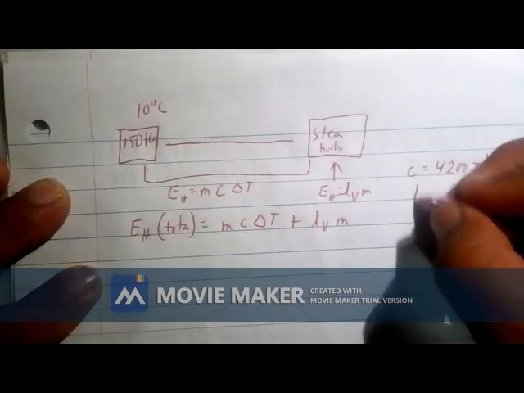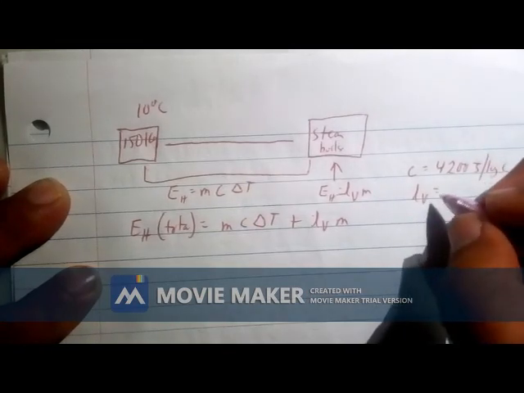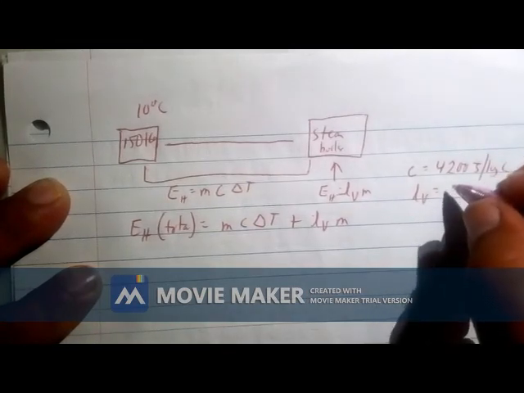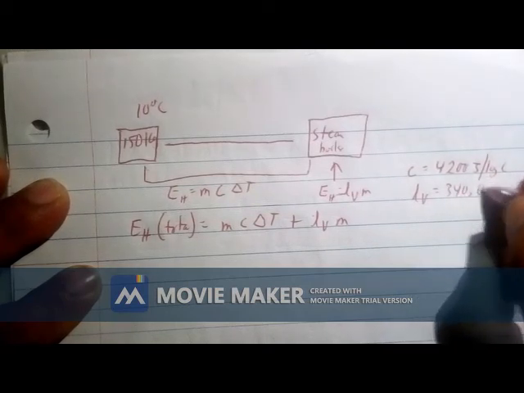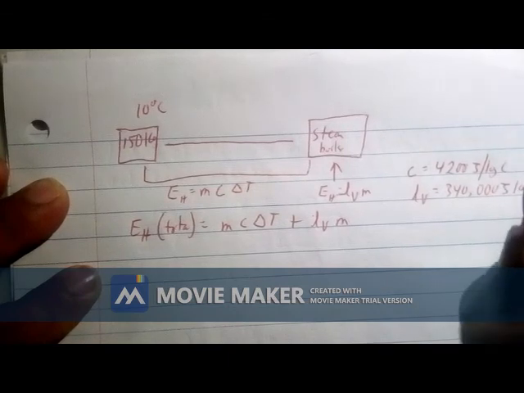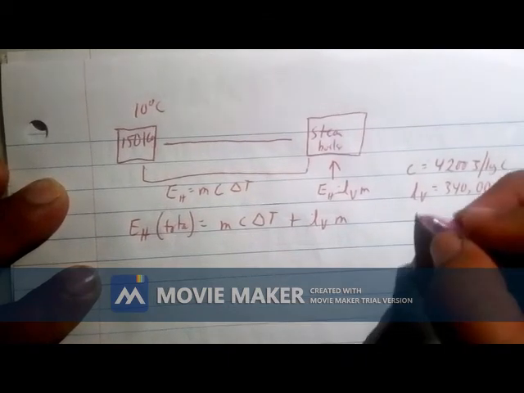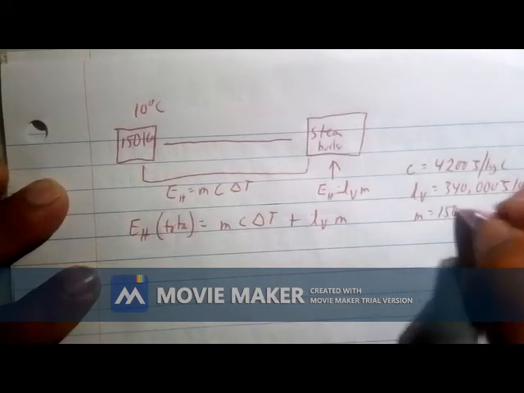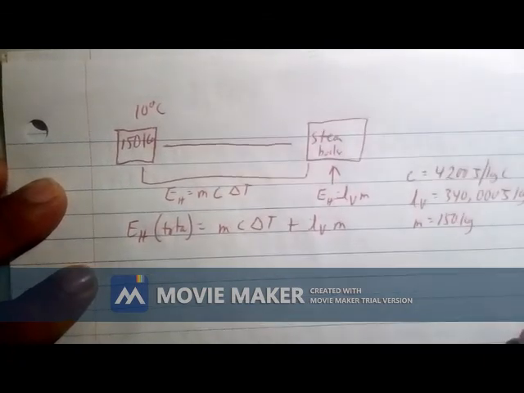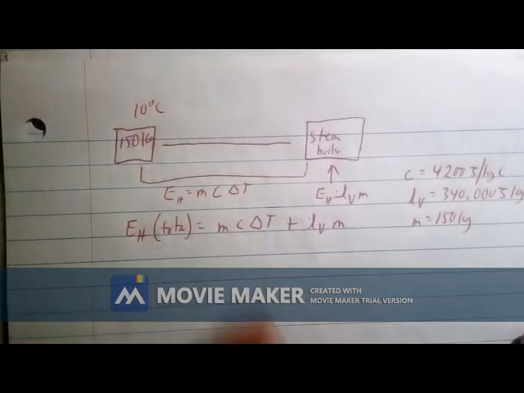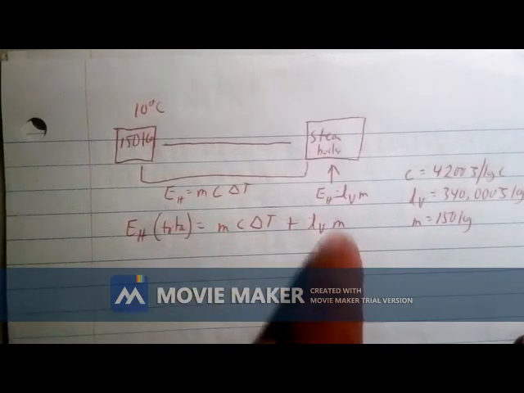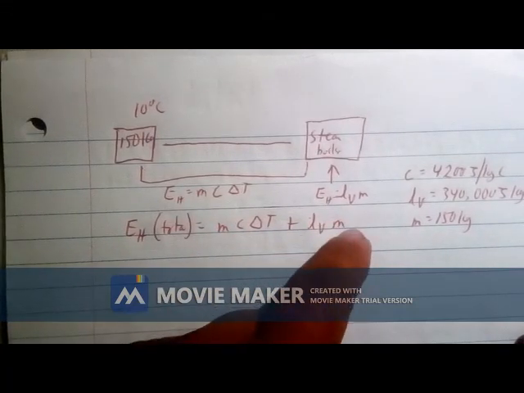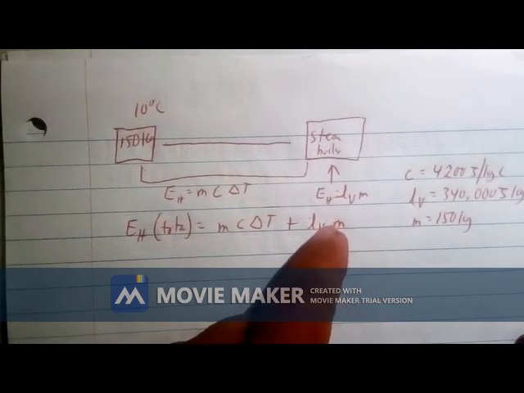We know the latent heat of vaporization is 340,123 joules per kilogram, and we know that the mass is still 150 kilograms. Now why do we include mass here and mass here? Well, because it is this mass that will change temperature, and that same mass will then be converted to a different state.